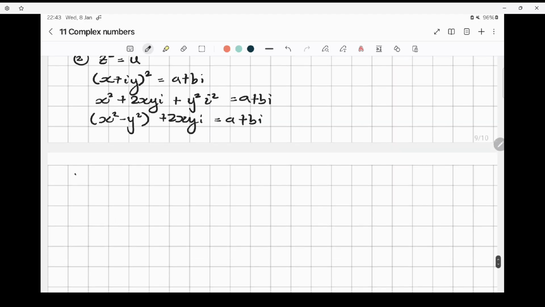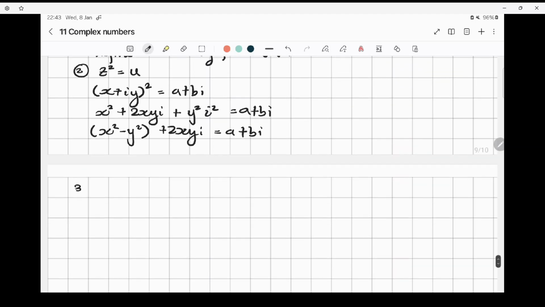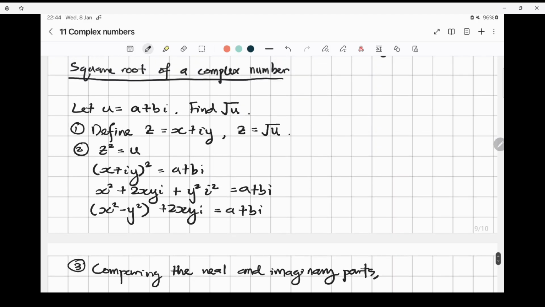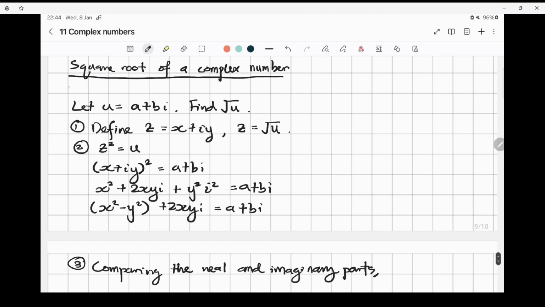Then the third step is to compare the real and the imaginary part. Let me just state that this is the first method, Method 1.